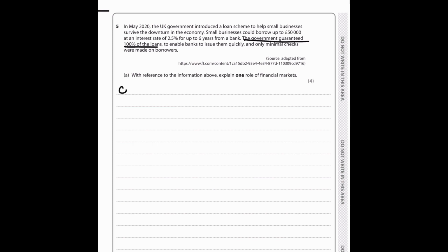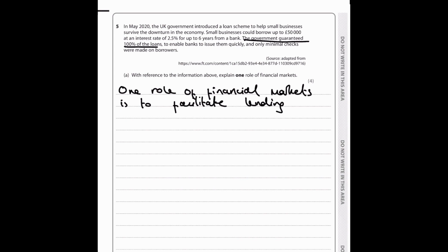Okay, so one role of financial markets is to facilitate lending between banks and households.